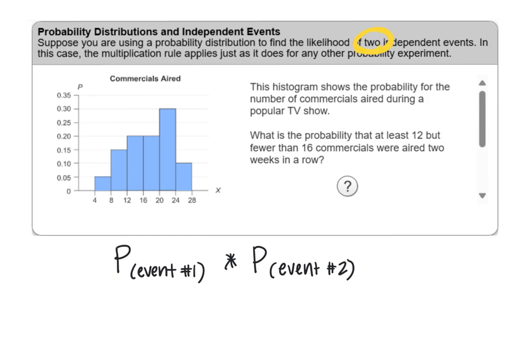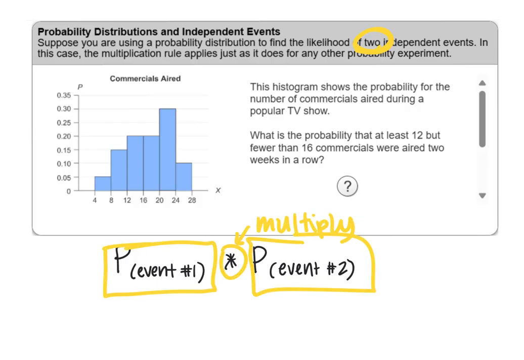In this case, you're going to find the probability of the first event, and you're going to multiply it by the second event. That will calculate the probability of both the first event occurring and the second event occurring.